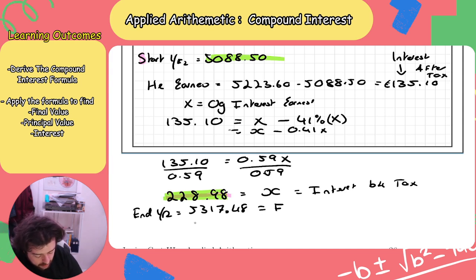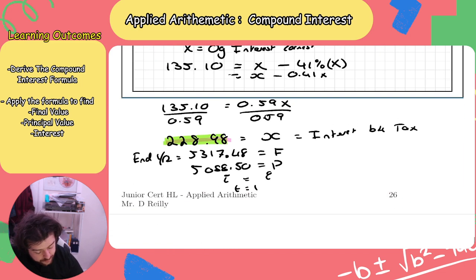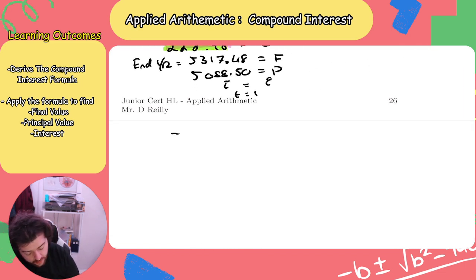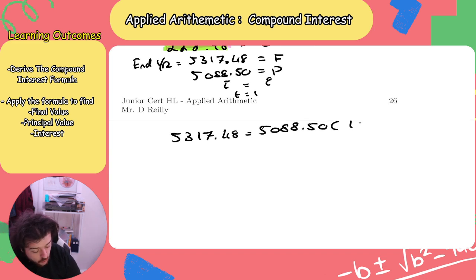My principal amount is going to be the 5,088.50. That's what we started with in the second year. My interest is just going to be I, because I don't know what it is. And then time is going to be 1. So 5,317.48 is going to be equal to 5,088.50 times 1 plus I to the power of 1.